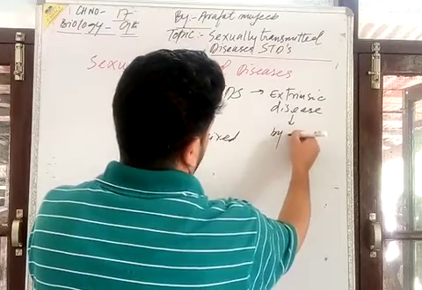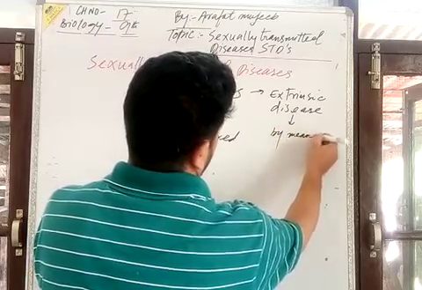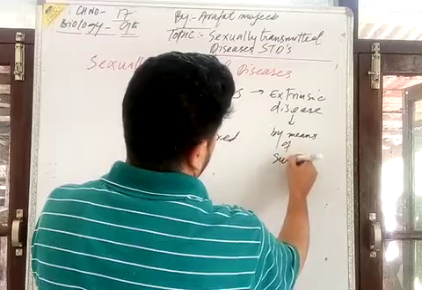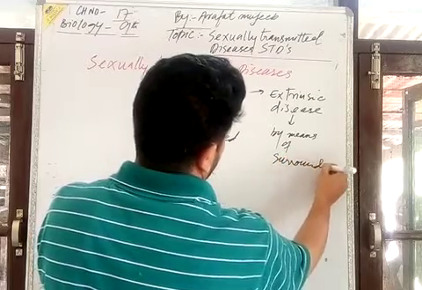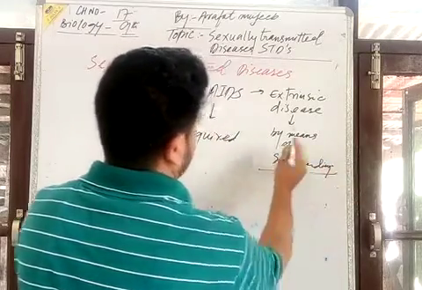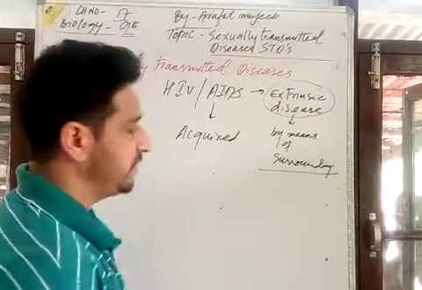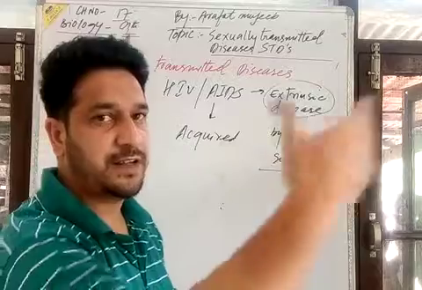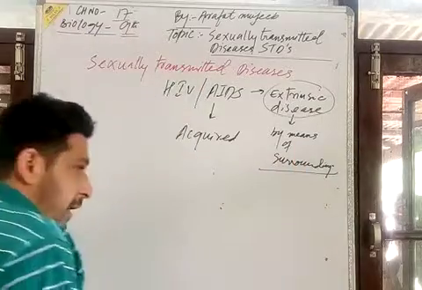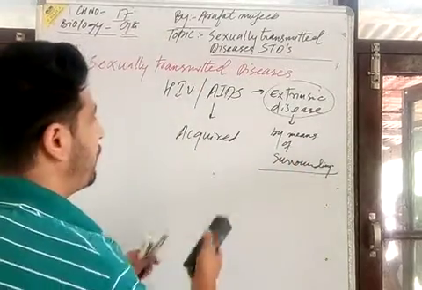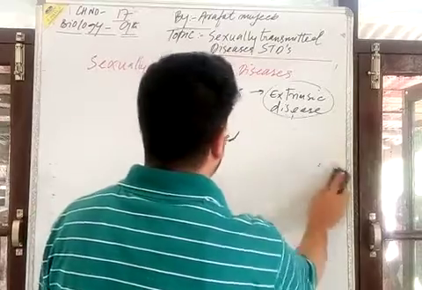We get this disease from the surroundings, from outside. We get this type of disease, the extrinsic type, by the surrounding, by external means.